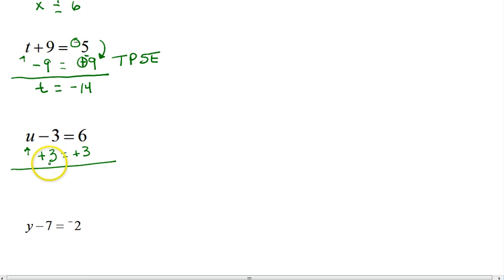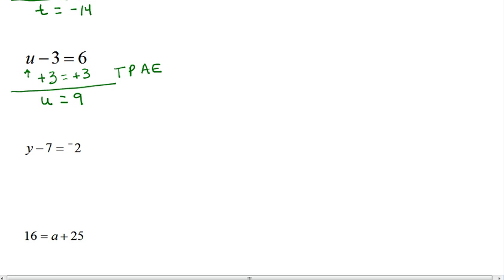On this side I have opposites, so I'm left with u equals 9. That's my solution. Which principle did I use? The transformation principle of addition for equality. Here's another problem. What's happening to my variable? I'm subtracting 7.